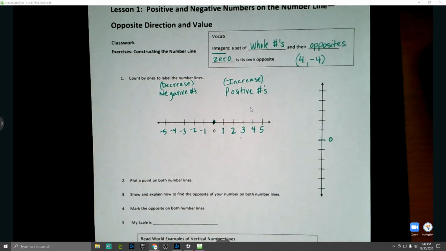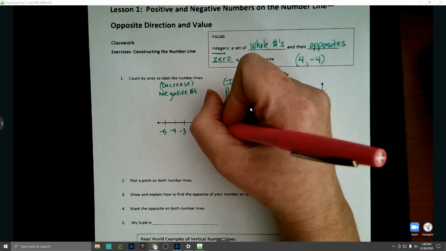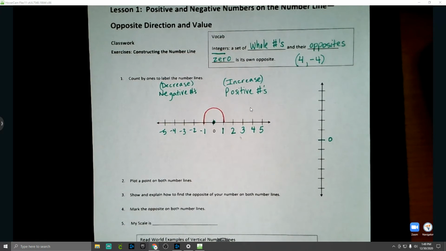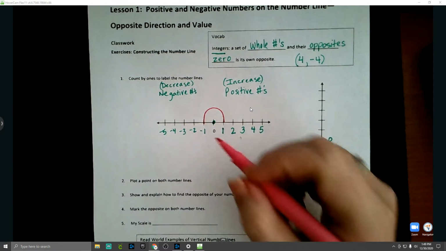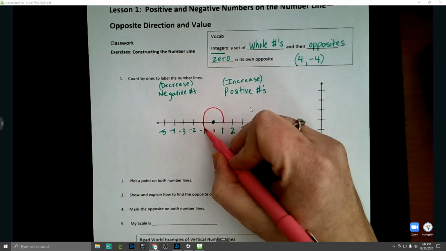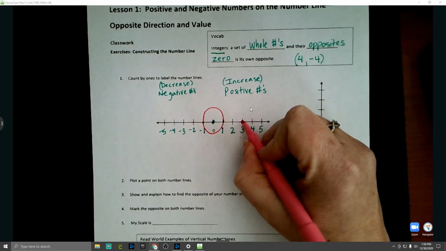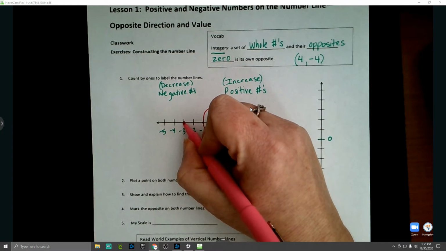Now we can show the opposites by 1 and negative 1. You can connect them like that. Sometimes negative 1 goes to 1. Sometimes they connect under. You could also put dots, 3 and negative 3.